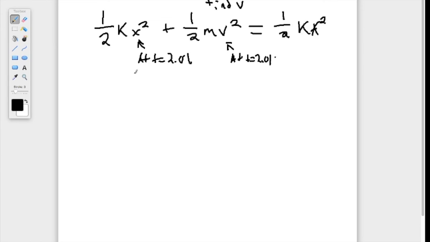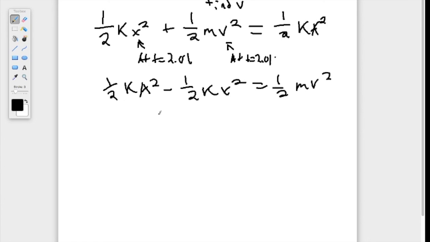So we're going to isolate v. We get 1/2 k a squared minus 1/2 k x squared equals 1/2 m v squared.